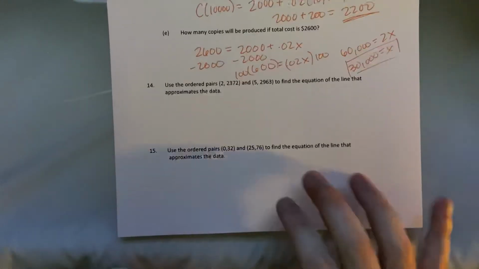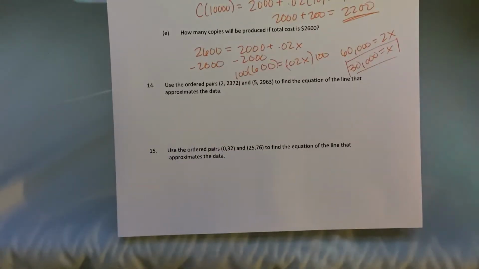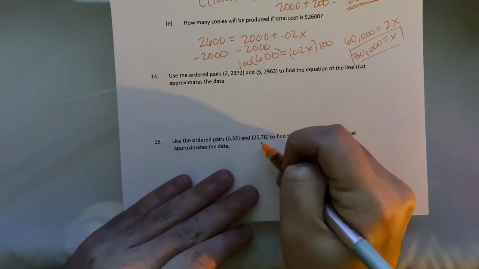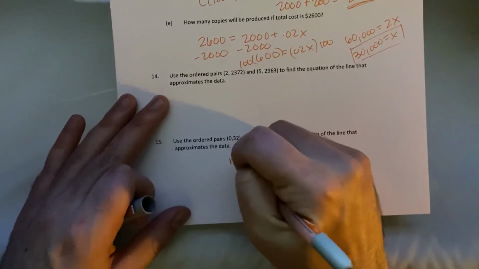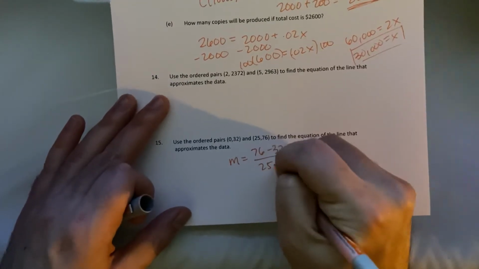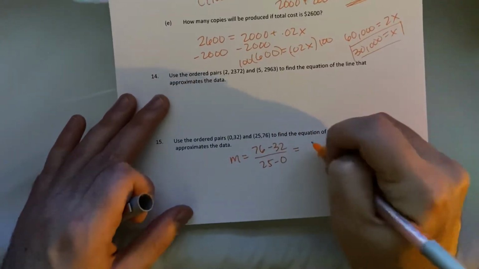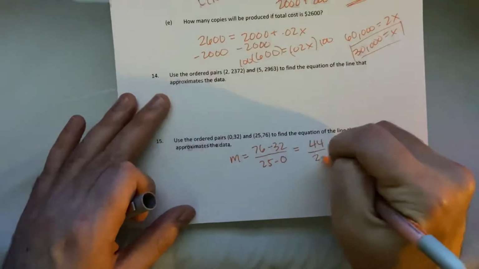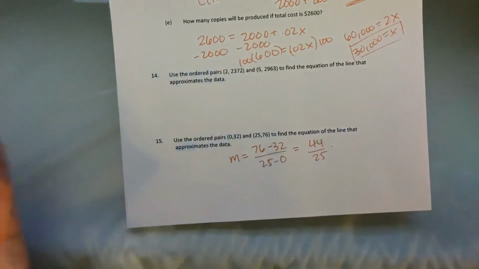We'll do 1 to 14 or 15. Use ordered pairs to find the equation of the line that approximates the data. We have 0, 32, and 25, 76, so our slope, y2 minus y1 over x2 minus x1, is 44 over 25, which doesn't reduce.